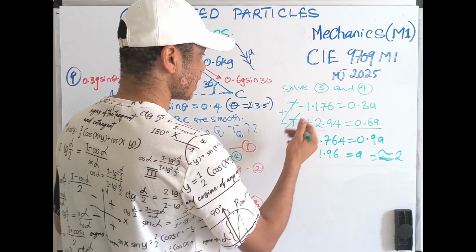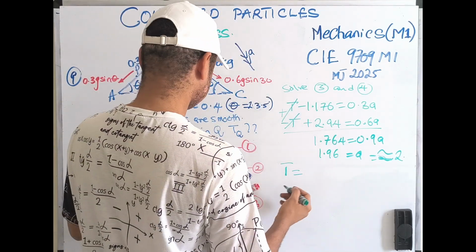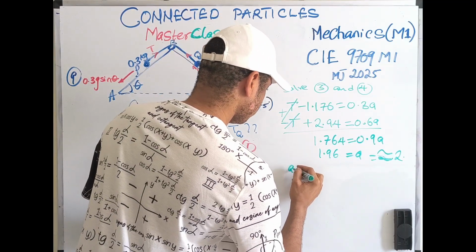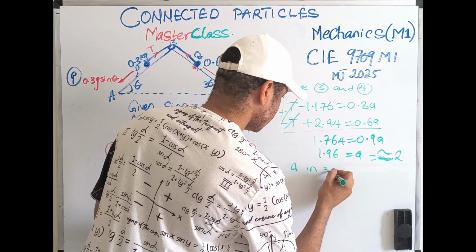So from here, I can get my T. I can substitute A in 3.